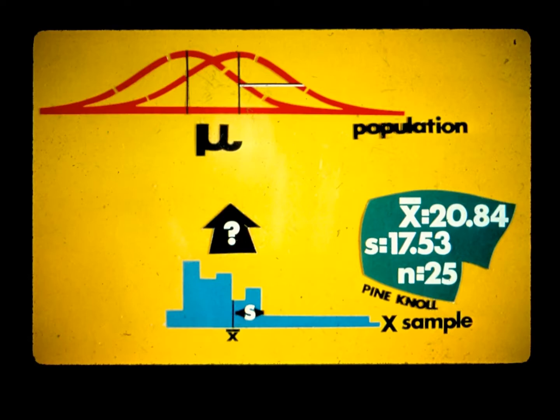The question of interest for these data was, based on the sample, what could be concluded about mu, the unknown population mean CMI score of all heads of households in the project, not just the 25 who were randomly sampled.